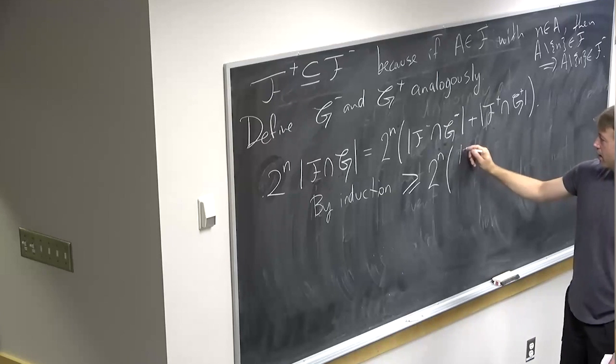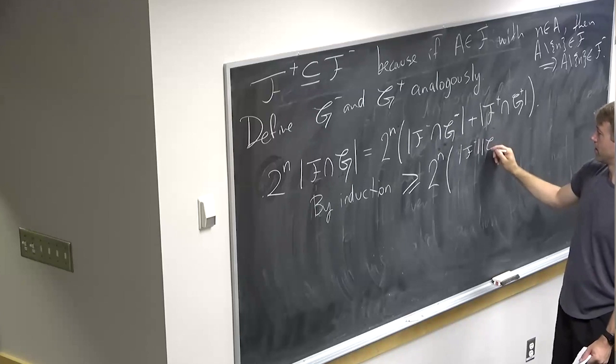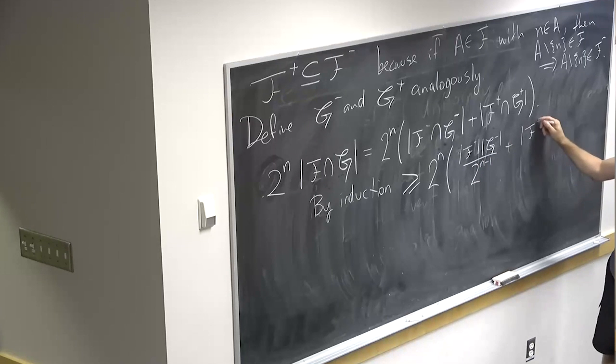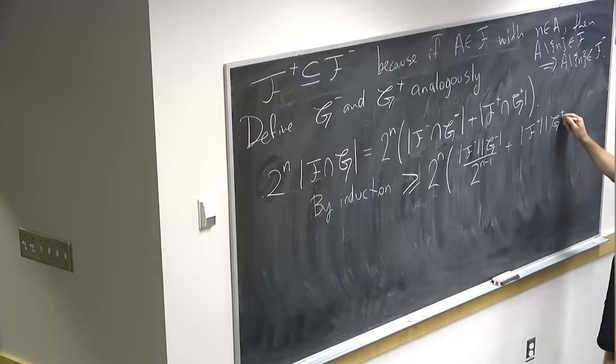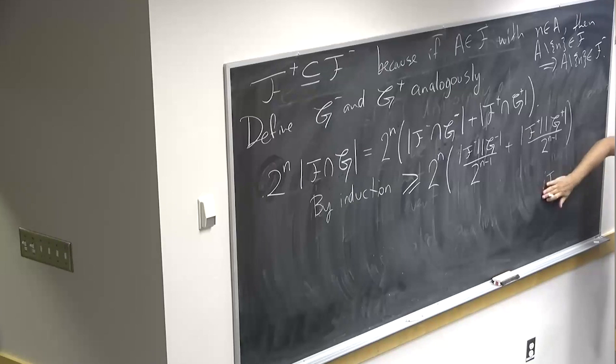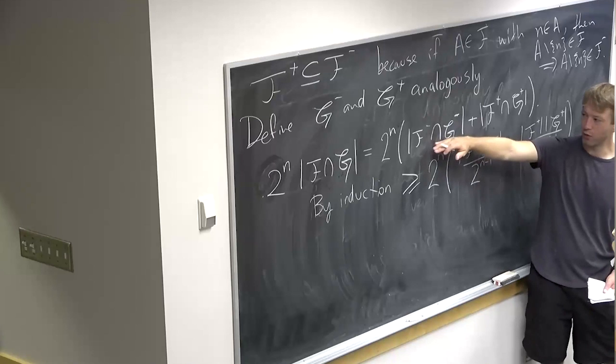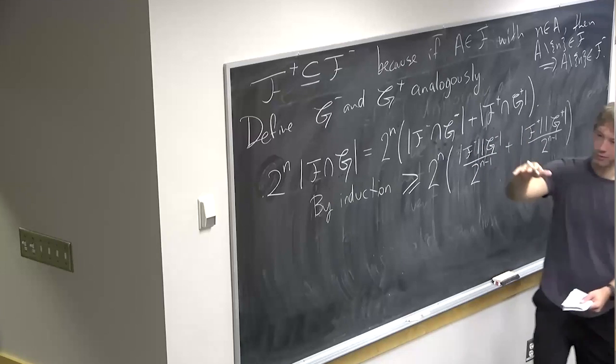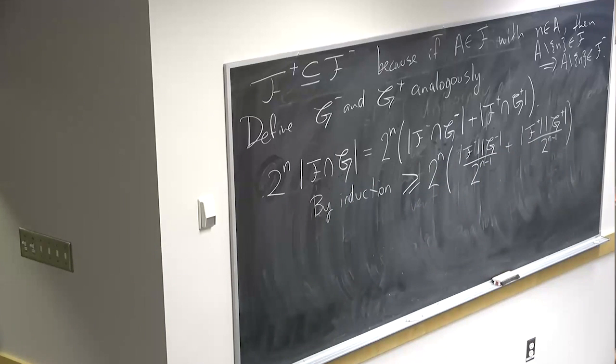I think this is F minus G minus over 2 to the n minus 1. Normally we have this over 2 to the n minus 1 is at least this with 2 to the n minus 1s on the bottom. You apply the statement here with a bunch of 2 to the n minus 1s everywhere, but just move one over there. I think that gives the right bound. That makes sense. Just arithmetic.